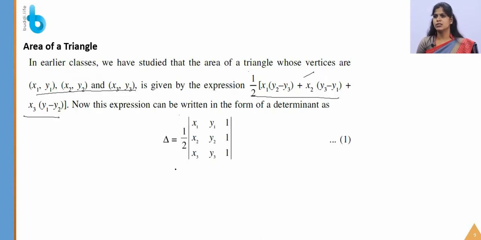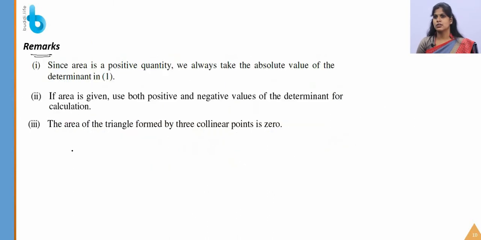Here, if you are finding the area of a triangle when the three vertices are given, and you get some negative value like minus 54 as an answer, you should take the positive value only, because area is a positive quantity.